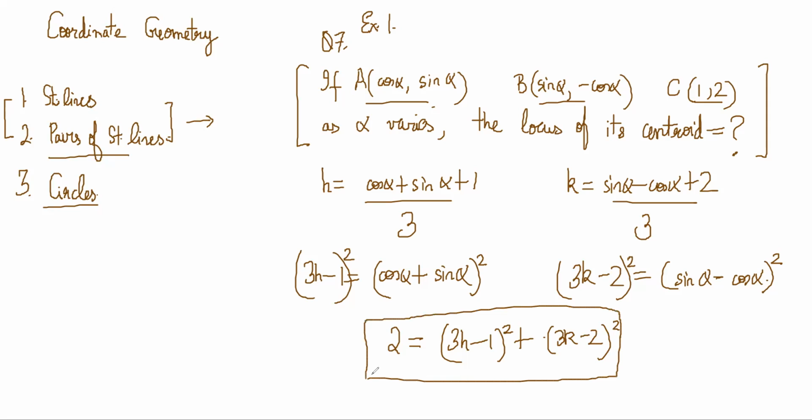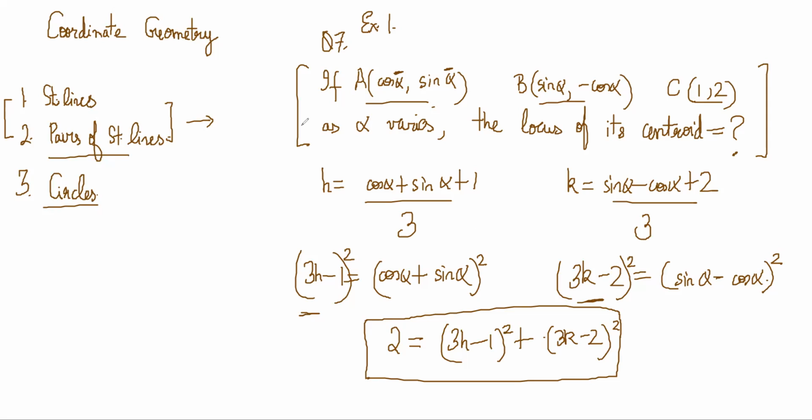Okay, understood. Basically the point is to eliminate the alpha and get a condition in h and k. Yeah. Squaring and adding removes the 1 plus sine 2 alpha and 1 minus sine 2 alpha.